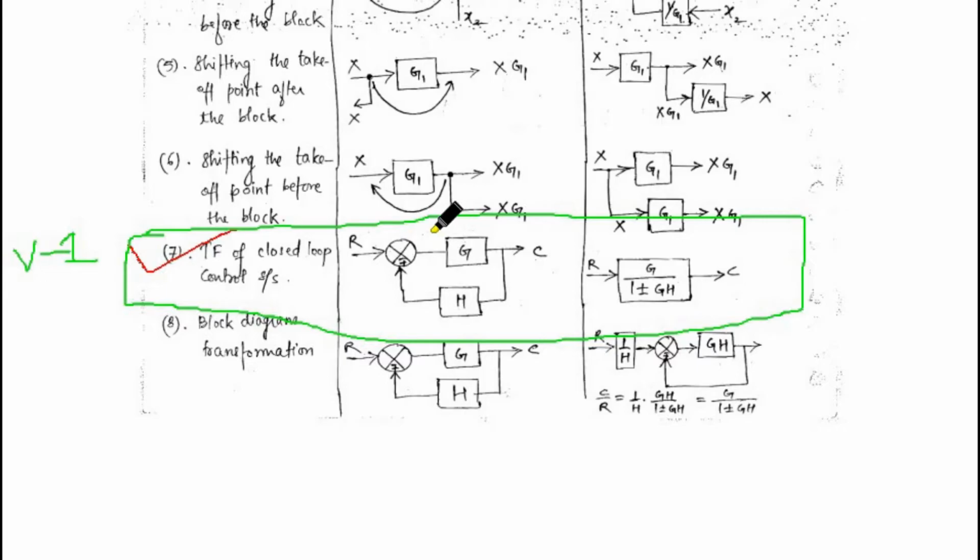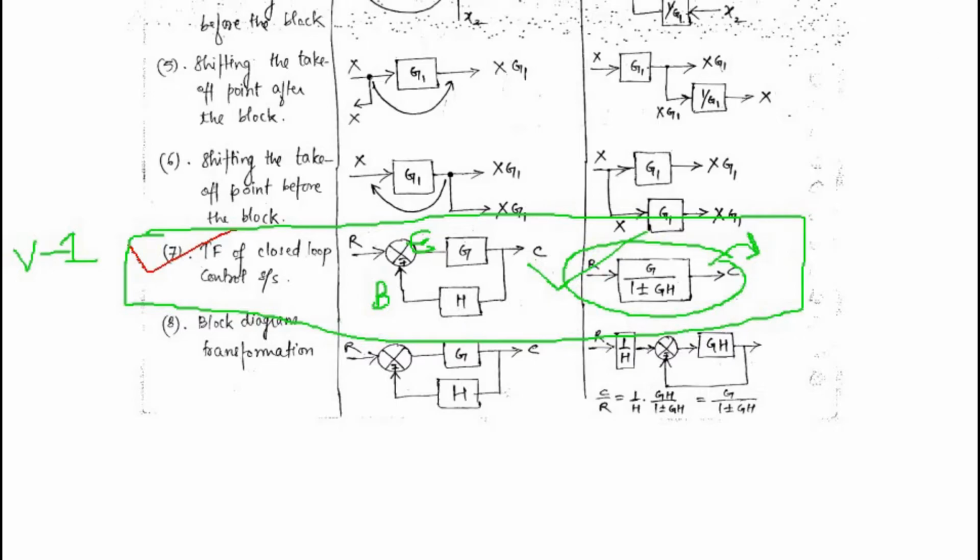I explained that at this point E is there, and at that time I considered B over R minus B is equal to U of S. Then I changed this B into C into H of S. If you want to understand, you can go through that lecture. In video 2, I explained how to convert an open loop system into a closed loop system.